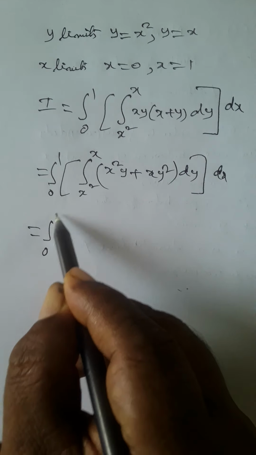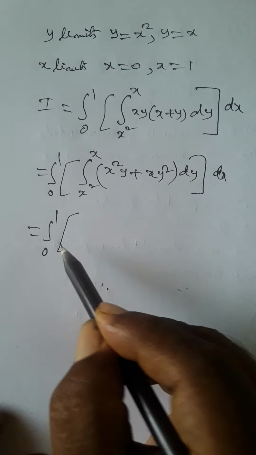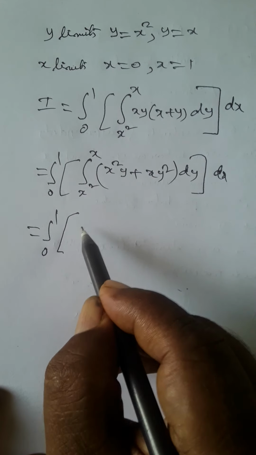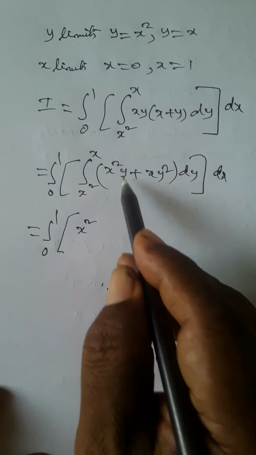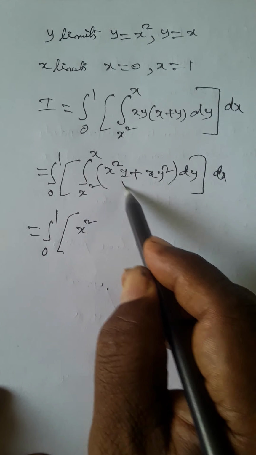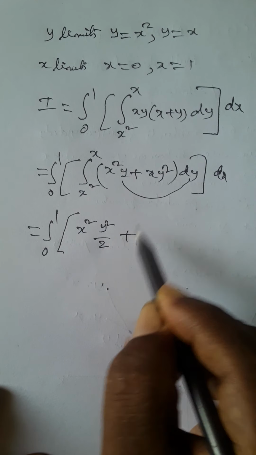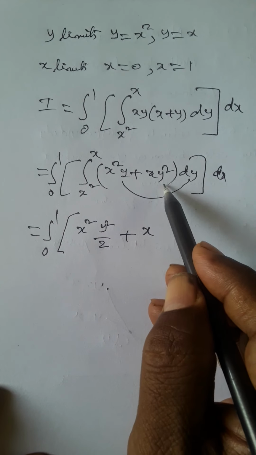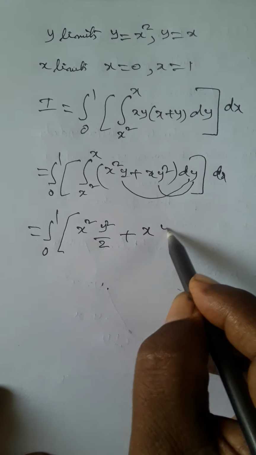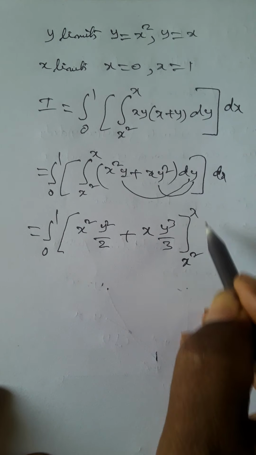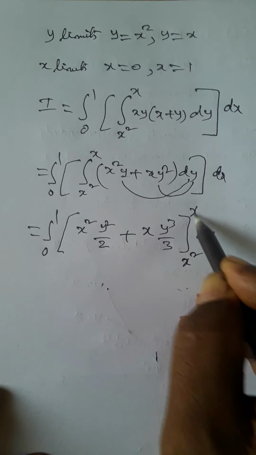First integrate with respect to y, x is constant, so x square is constant, integral y dy is y square by 2. Here x is constant, integral y square dy is y cube by 3, from x square to x, dx.